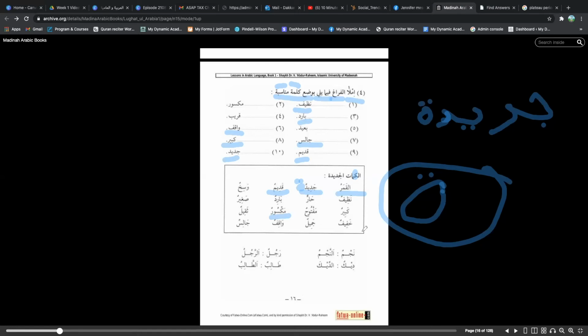Thaqilun is heavy. Khafifun, light. So the opposite of thaqilun is khafif. Jamilun, beautiful. Waqifun, standing. What's its opposite? Jalisun, sitting.